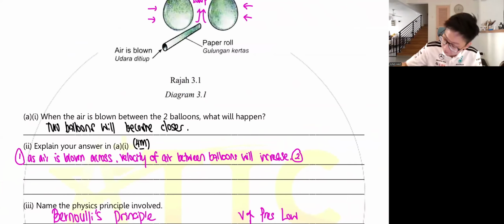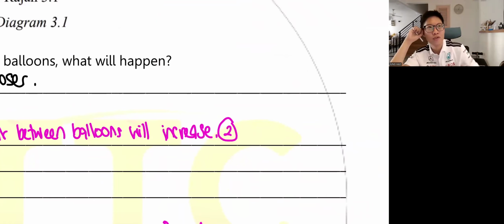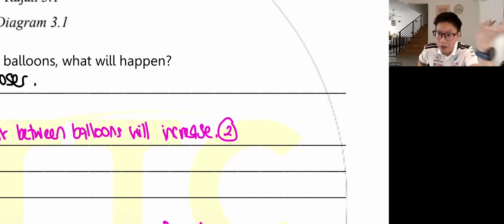Because when you link the velocity to the pressure, how do you know the velocity will affect the pressure? You don't know it, right? It's because Bernoulli said that.